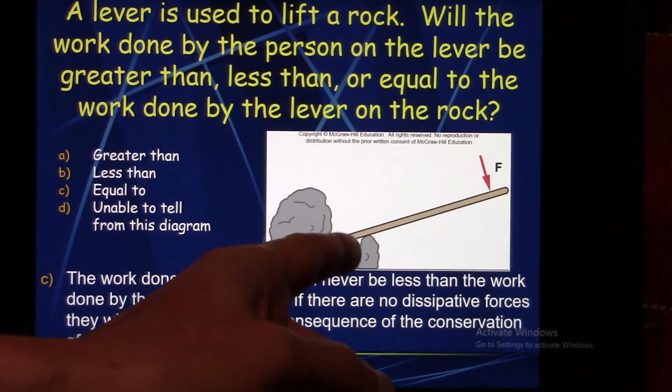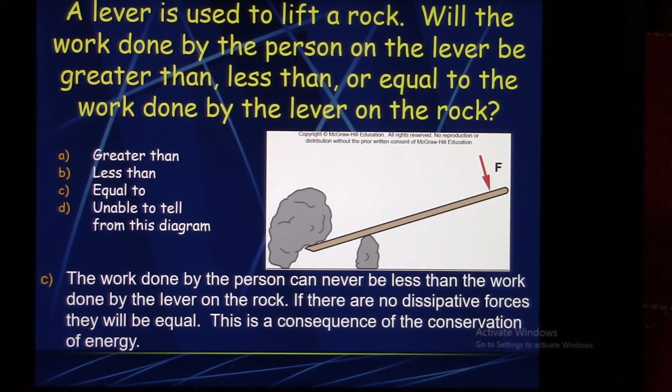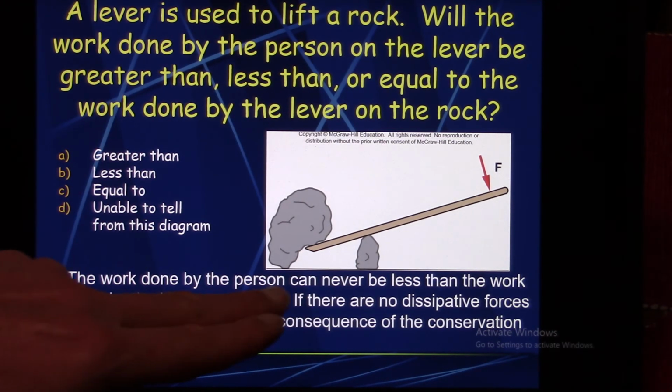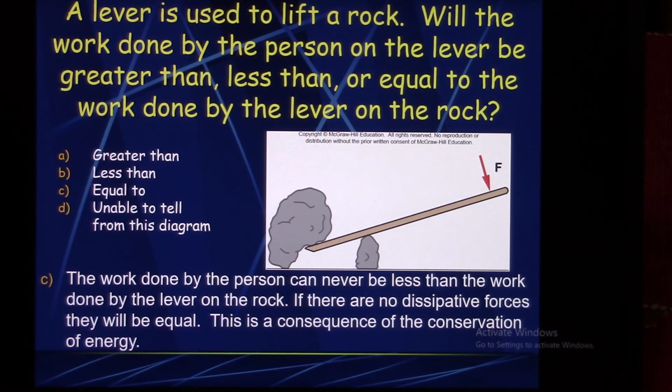Okay, so here we're back to our simple machine. A lever is being used to lift a rock, okay? The work done by a person can never be less than the work done by the lever on the rock. So if there are no dissipative forces, they will be equal.